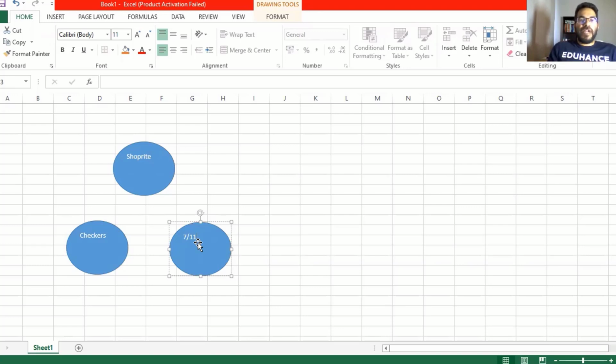So we have ShopRite, which is a separate company. We all know ShopRite. We saw that red and yellow store. Then we all know Checkers, which is the green and white store, or green and whatever color it is. And then we have 7-Eleven. Now ShopRite acquired Checkers, ShopRite acquired 7-Eleven.